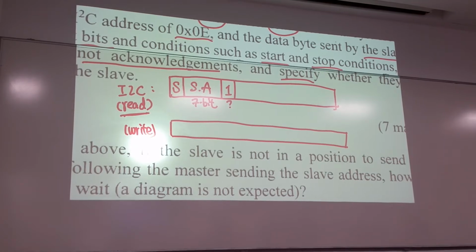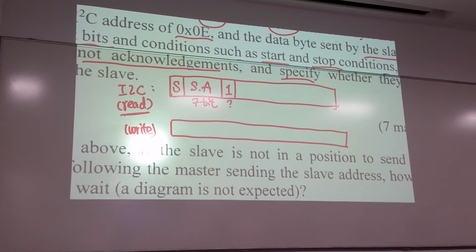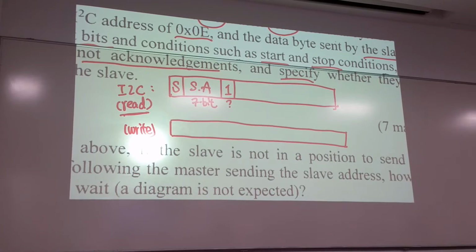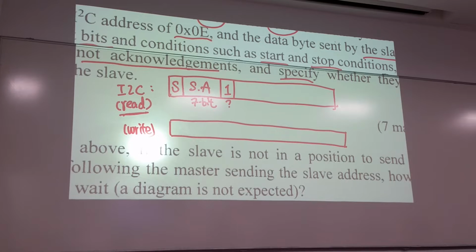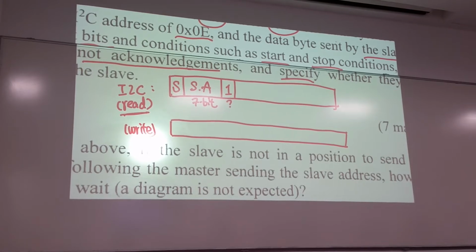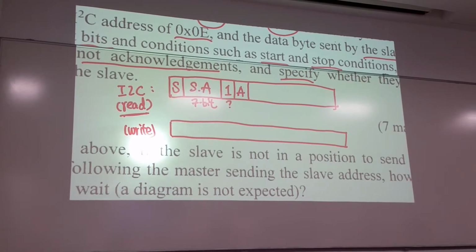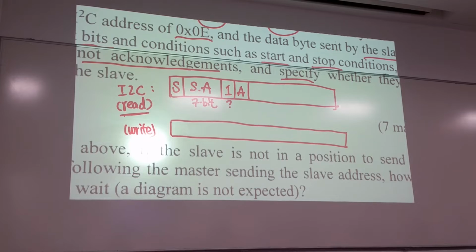Then, followed by this, what do you have? What if the slave is not there? How do you know your slave is there? Acknowledge. You need to wait for your slave's acknowledge, so there should be an A sent by your slave.